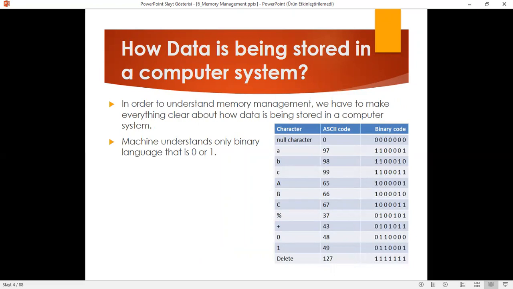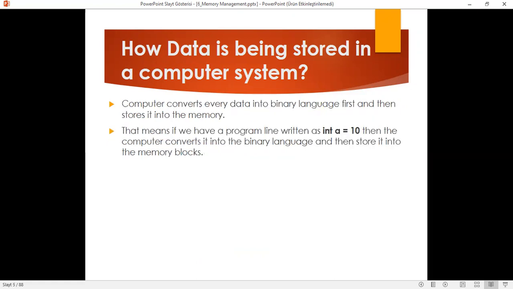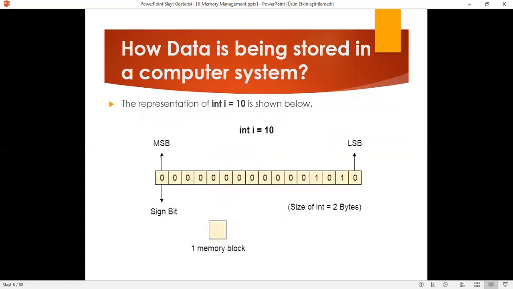Okay, how can we store data? As you know, we convert our information to binary while we are storing data, because the machine understands only zeros and ones. So the computer converts everything to binary to understand what's going on. While it is executing in the CPU, it should be in binary format. So we showed this one.